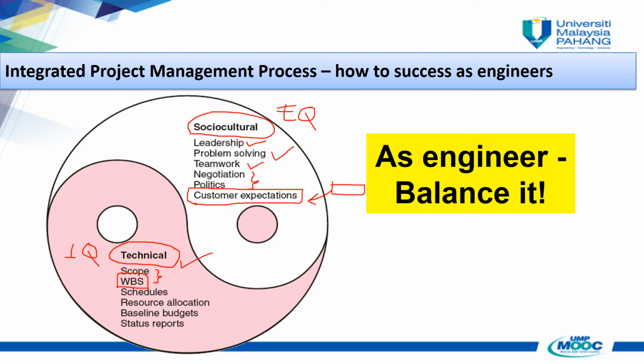Because from here we can control our schedule, we can control our resource allocation, we can also control our budget and its baseline before we summarize it as our progress in our status report. So if we can balance both of these, you are almost a complete engineer.